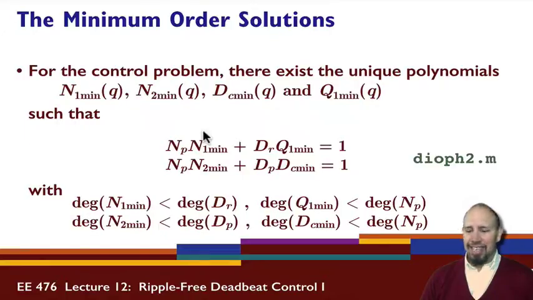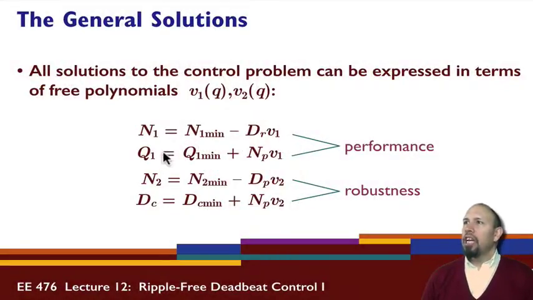Next, we move on to talking about the general solutions of the Diophantine equations. All solutions to the control problem can be expressed in terms of free polynomials, v1 and v2, where n1 and q1 can be written like this. Notice they are functions of the minimum order solution. n2 and dc can be written this way, and again, these are functions of the minimum order solution.